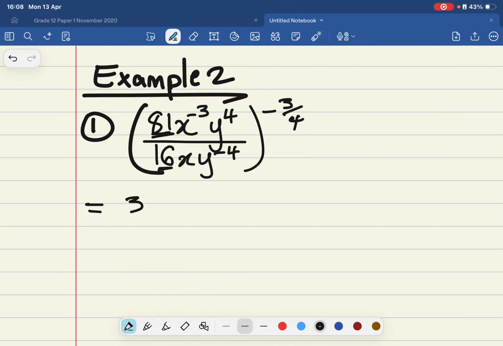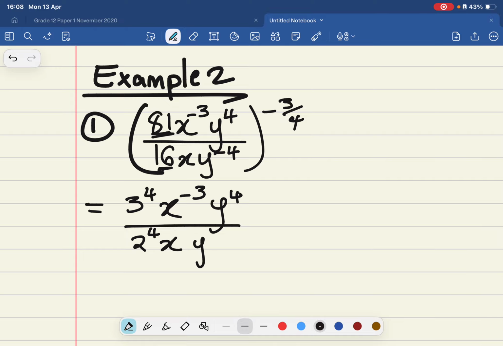So it's going to be 3 to the power of 4, x to the power of negative 3, y to the power of 4 over, what about 16? 16 is the same as 2 to the power of 4. Then we have x, we have y to the power of negative 4, all raised to negative 3 over 4.